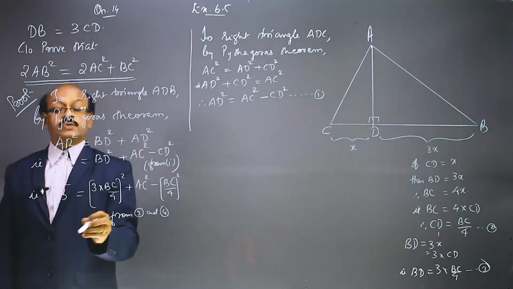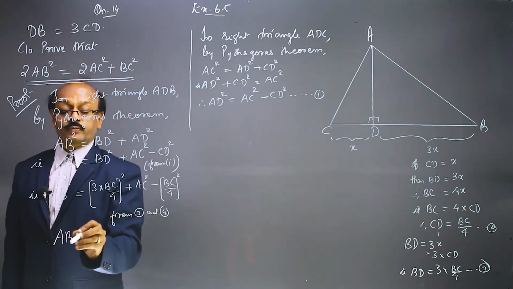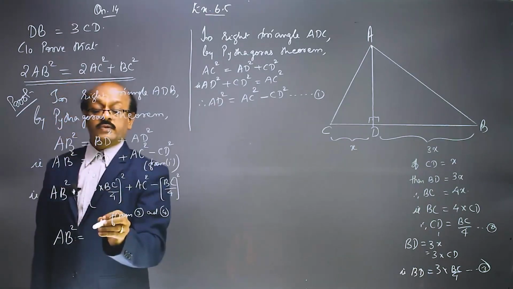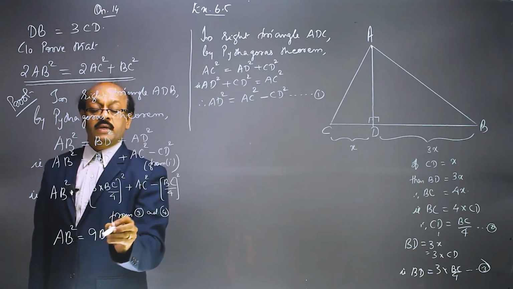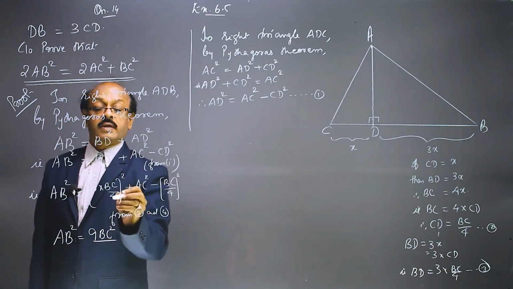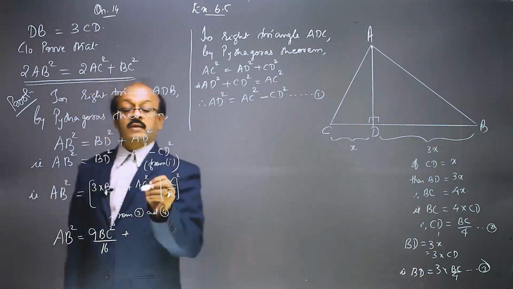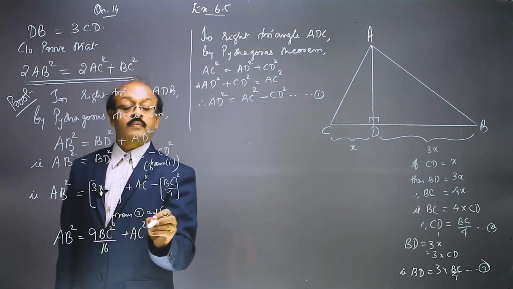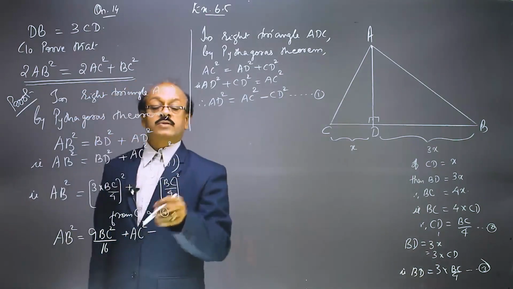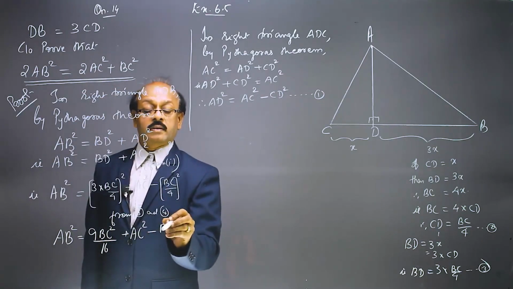Now, AB square is equal to 3 square, which is equal to 9, BC square divided by square of 4, which is 16, plus AC square minus BC square by 16.